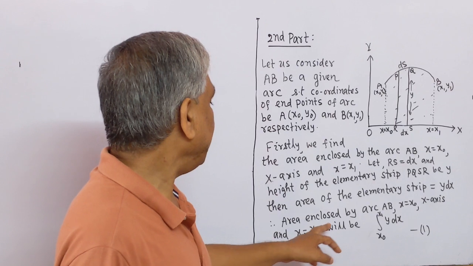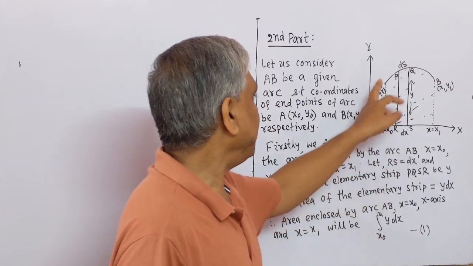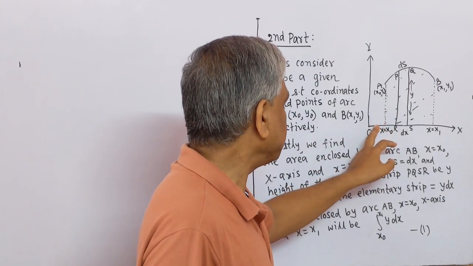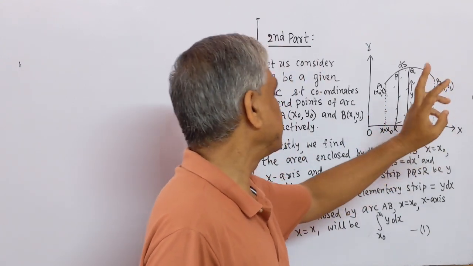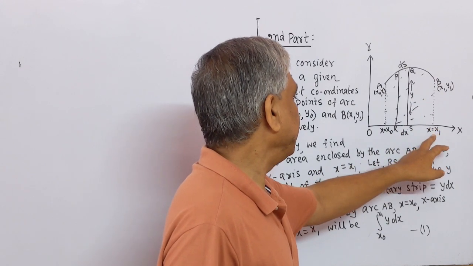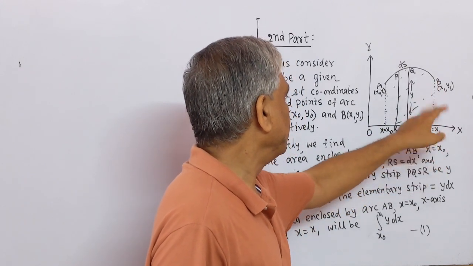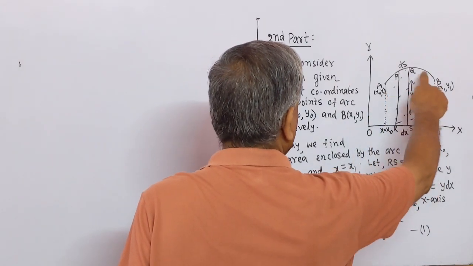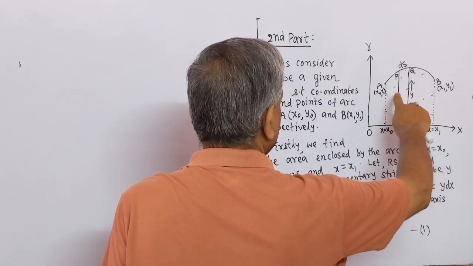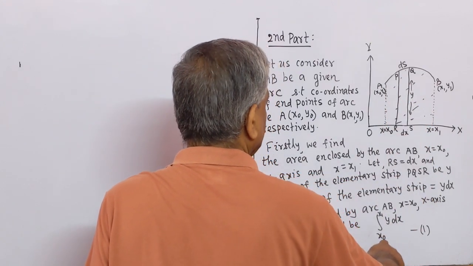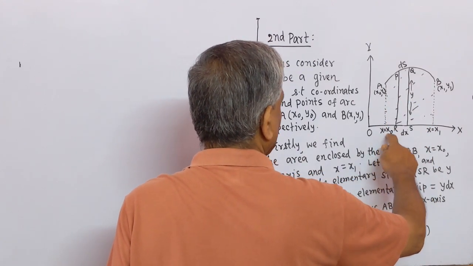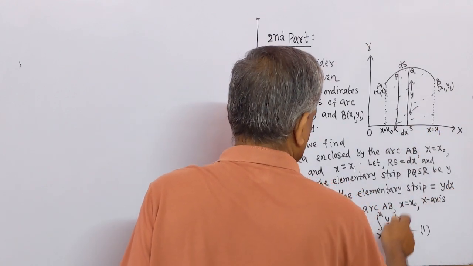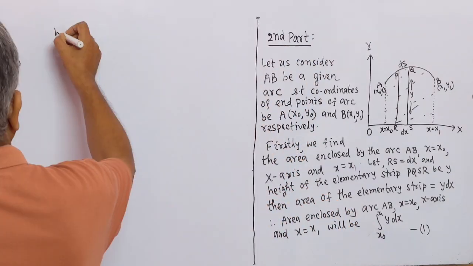Therefore, area enclosed by the arc AB, x equal to x0 vertical line, x-axis and vertical line x equal to x1 will be sum of all elementary areas, means integration limit x equal to x0 to x1 y dx. This is number 1.